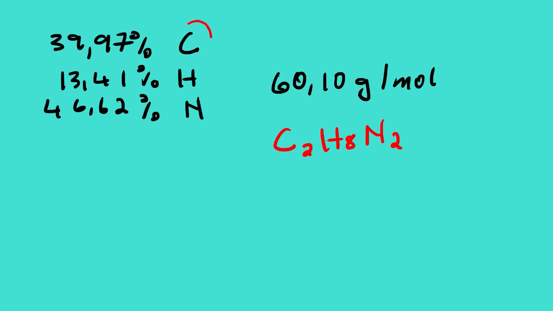So just prove that the molecular formula of a compound that consists of these mass percentages with this molar mass is equal to this. And then this will be your first activity.